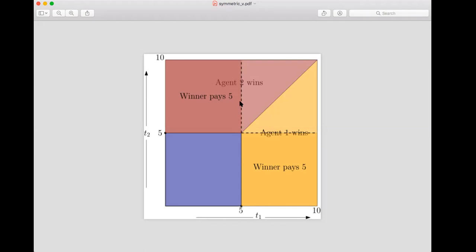Let me first say why, at least in this example, we are gaining overall. The overall gain in each of these squares is the same as the overall loss in these squares.